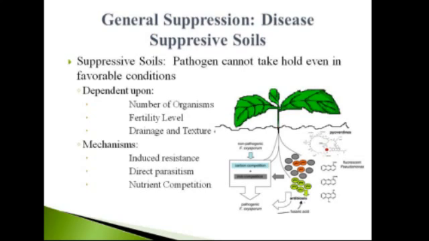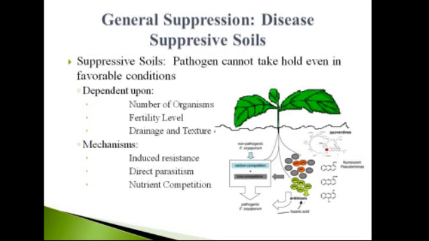Other mechanisms of producing suppressive soil: induced resistance, direct parasitism, and nutrient competition. Again, these are mechanisms within suppressive soils that take place. There are 4 factors that we want to strive for within our soils.